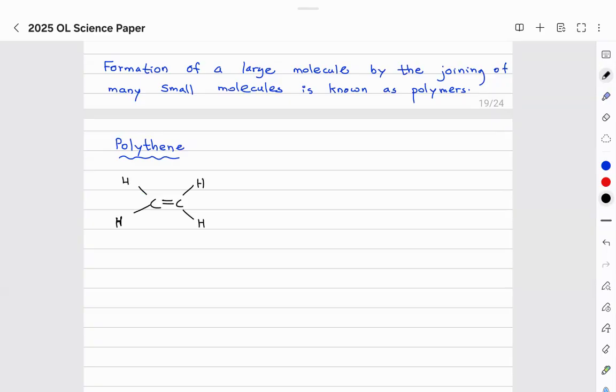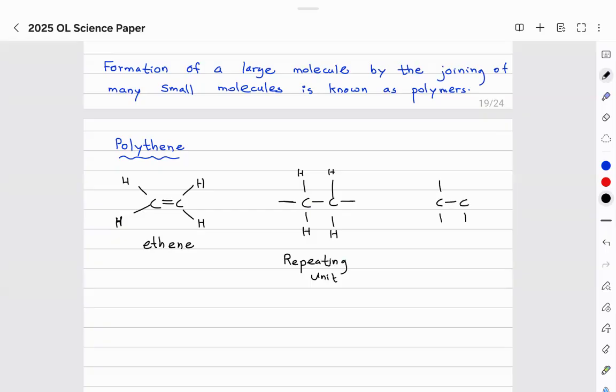The name of the compound is ethene. So what will happen is this carbon-carbon double bond is broken, and two unoccupied bonds are there. This is considered as the repeating unit.